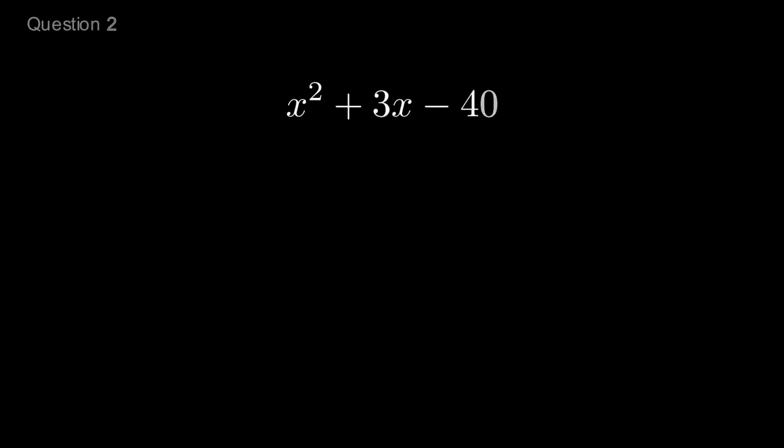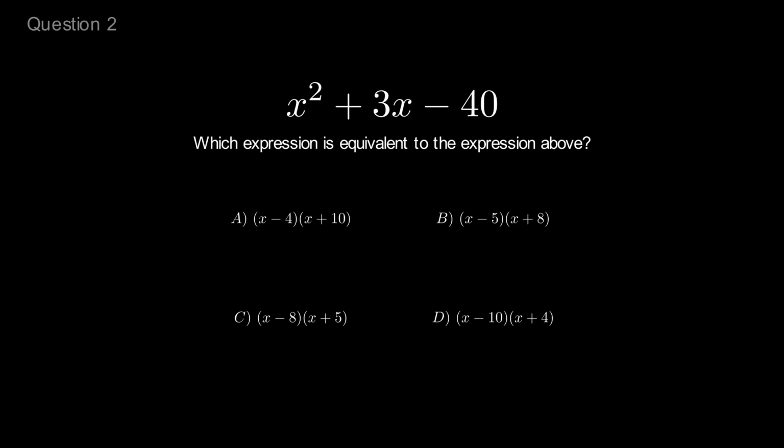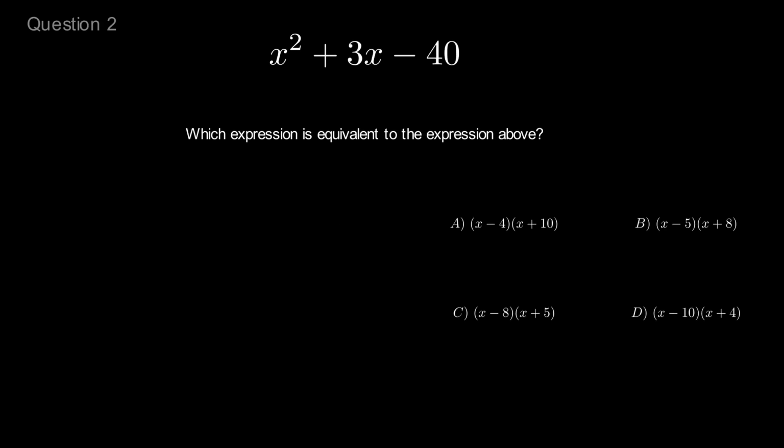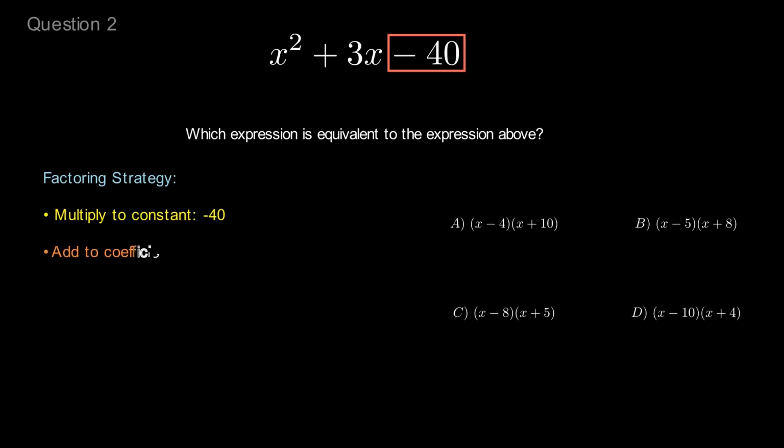Question 2. Which expression is equivalent to x squared plus 3x minus 40? To factor this quadratic expression, we need to find two numbers that satisfy two conditions. First, they must multiply to the constant term, which is negative 40. Second, they must add up to the middle coefficient, which is positive 3.